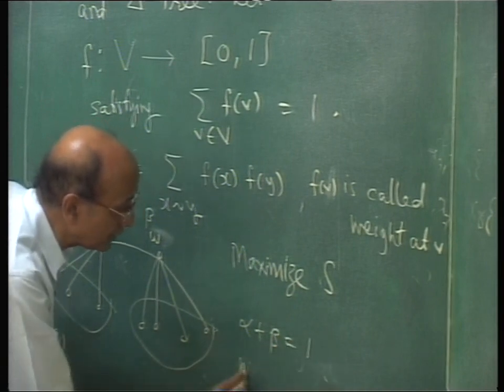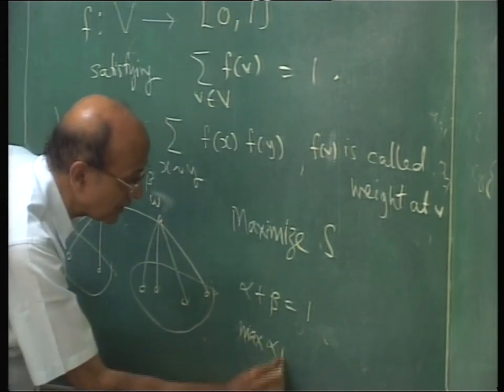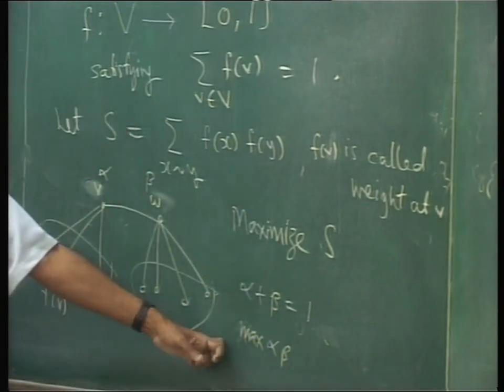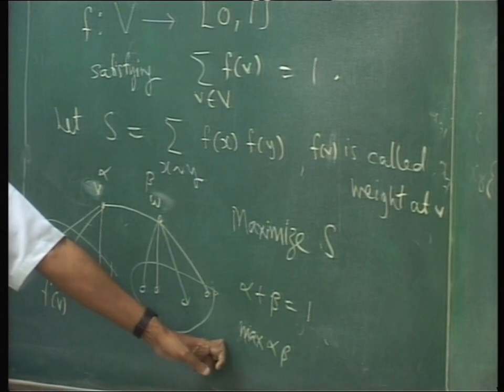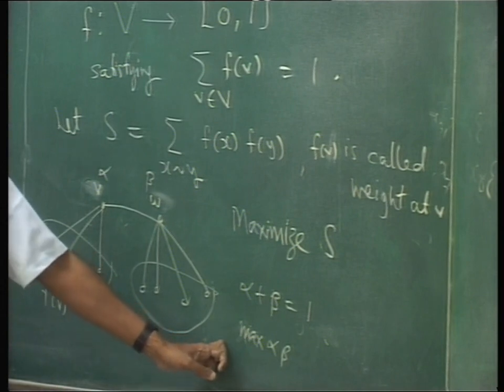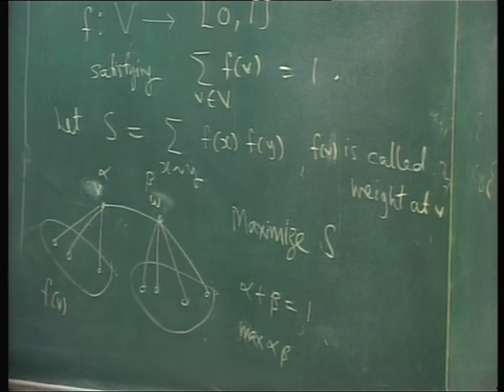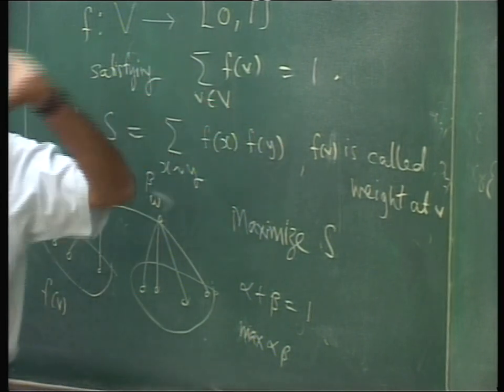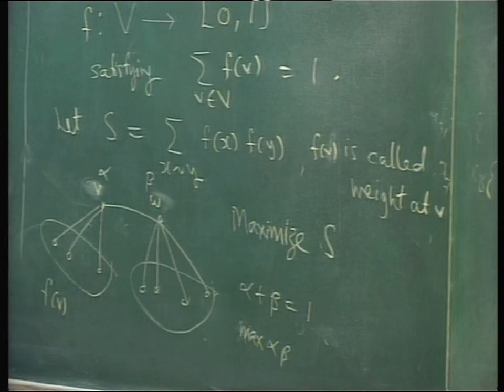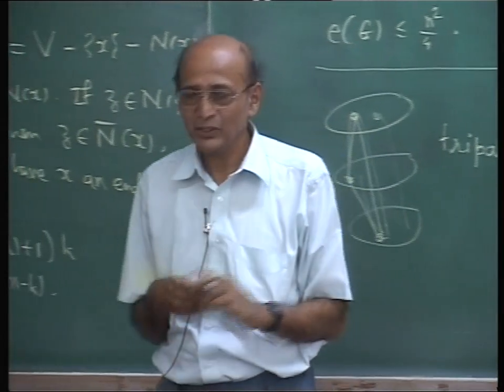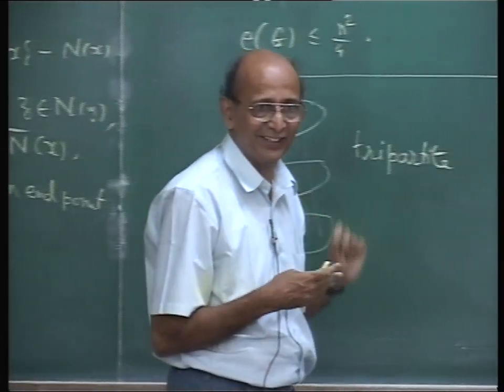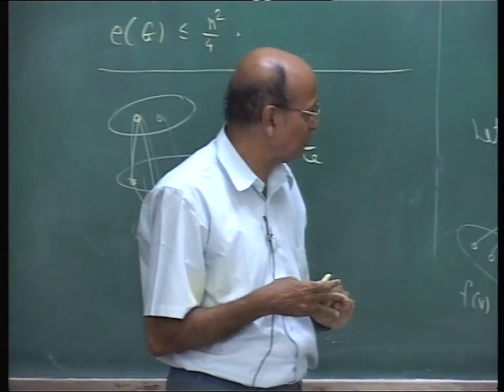What is the largest? This is maximized at 1/4. And that should give the answer to this question. Okay, think about this. So that is the idea of this second proof.